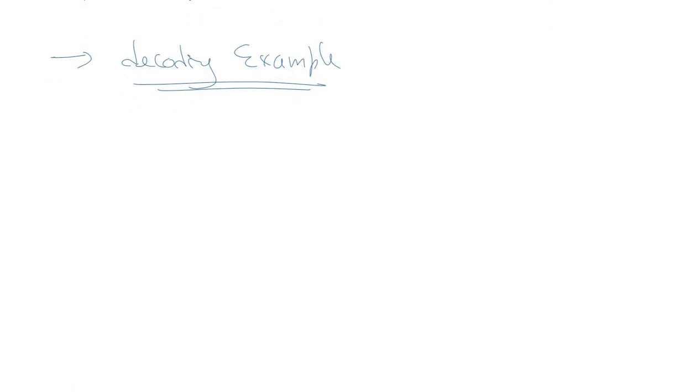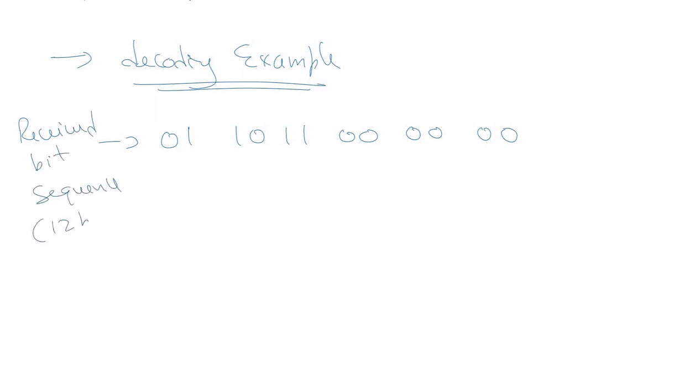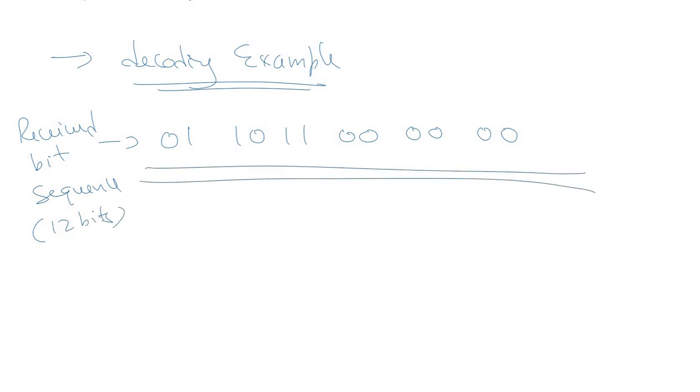The given received digit sequence is 0 1 1 0 1 1 0 0 0 0 0 0. So this is the received bit sequence. A 12-bit received sequence is given to us, and based on this we need to implement the Viterbi algorithm.